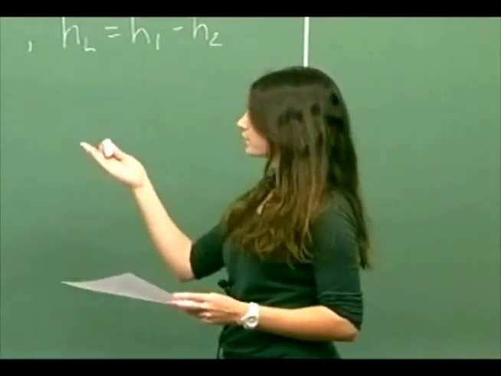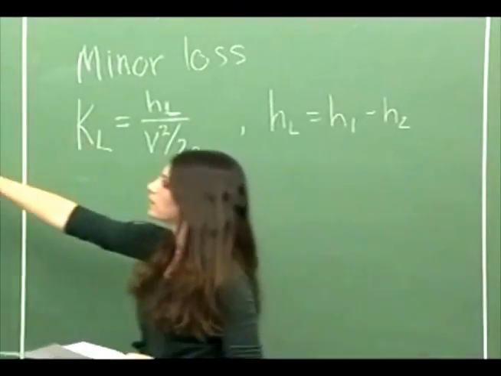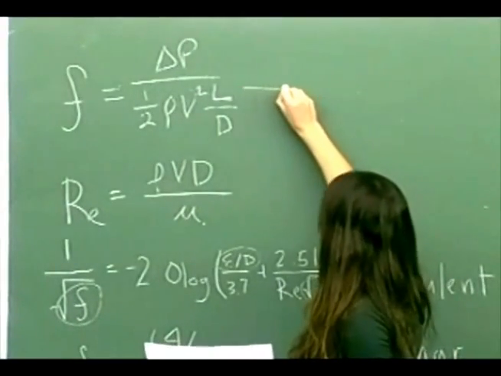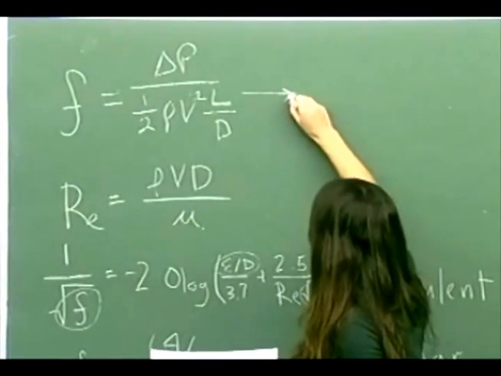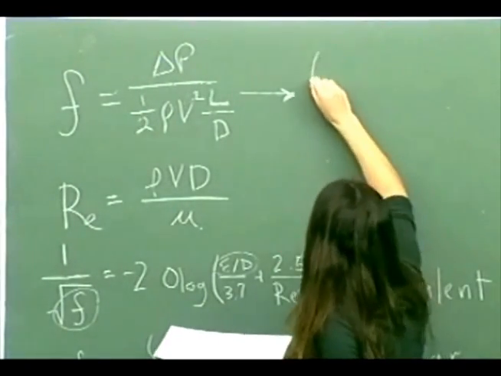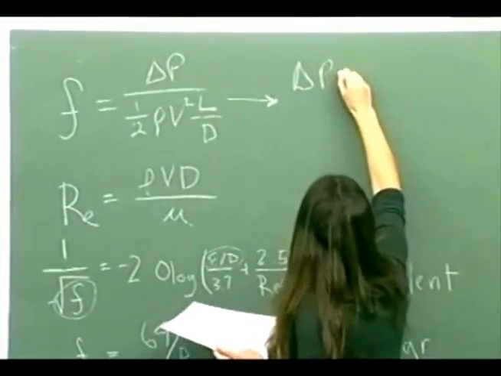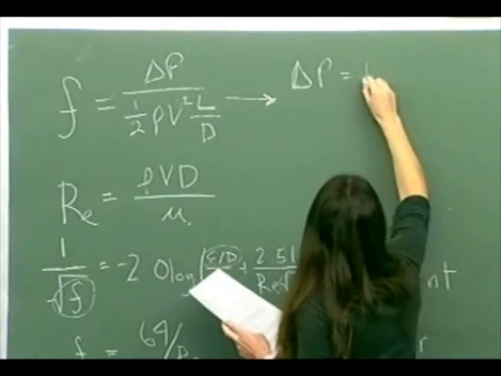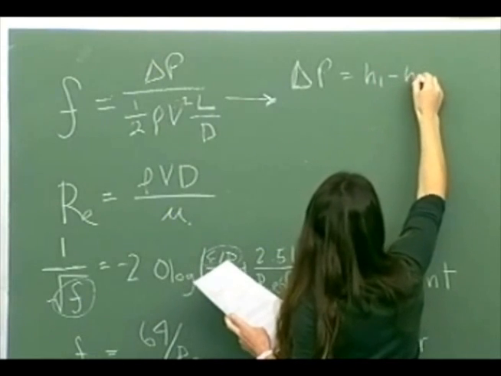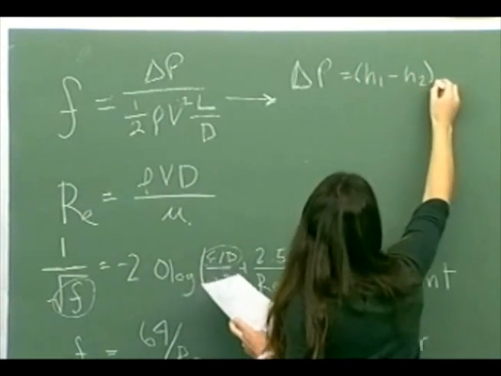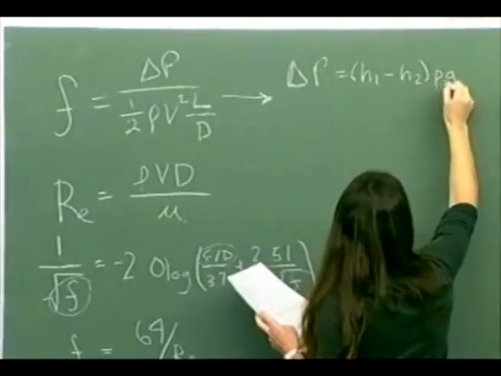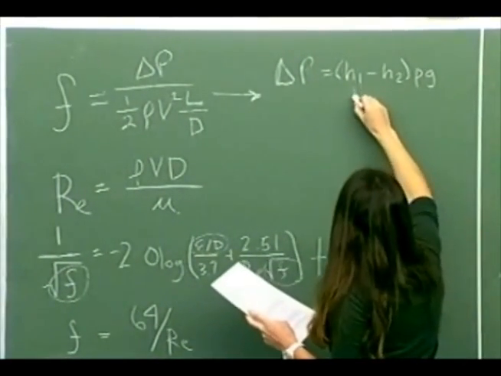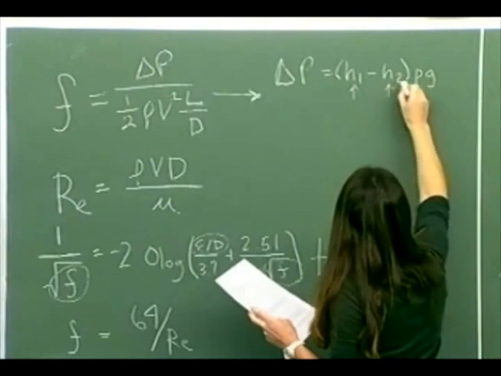For instance, your friction factor, which I wrote up here. This value will need to be converted, as I mentioned, in terms of only the measured parameters. So we know that delta P is equal to (H1 minus H2) times rho g. So in this case, we measured this, we measured this.